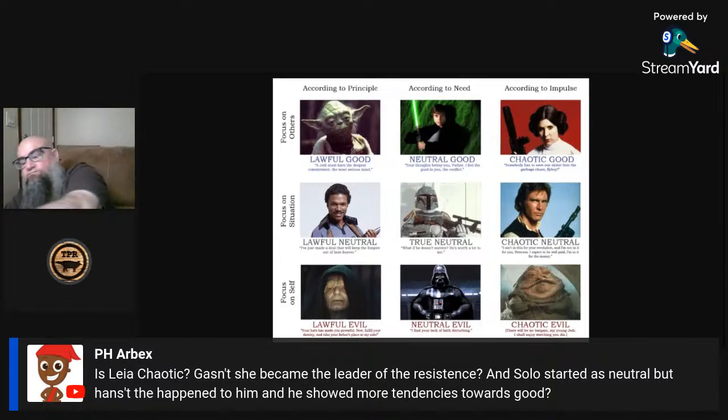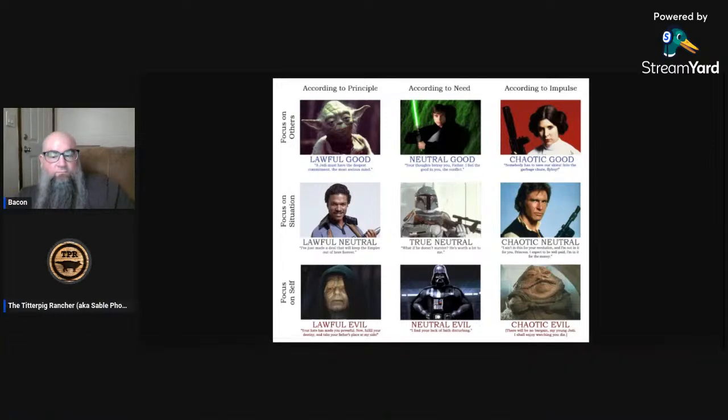This is where your general behaviors direct you towards. PH Arbex, I'm not trying to denigrate you at all. I love your commentary, but this is a perfect illustration of the conflation of the two axes with each other that people often do.